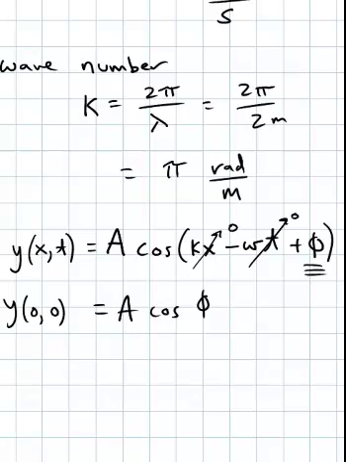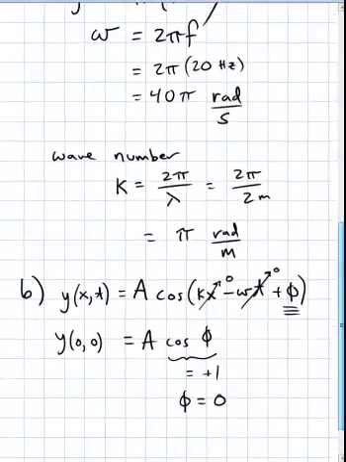Well, in the problem it says it's at its maximum upward displacement, so its maximum positive value. So that means we want the cosine of our phase angle to be equal to 1. And so that means that our phase angle in this case is going to be equal to 0, because the cosine of 0 is equal to positive 1. And that gives us our maximum displacement when x and t are both 0 at our starting point.